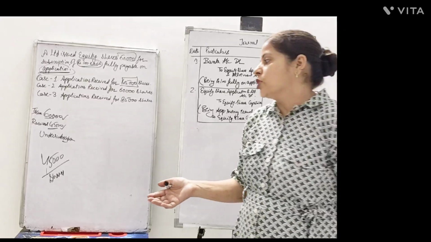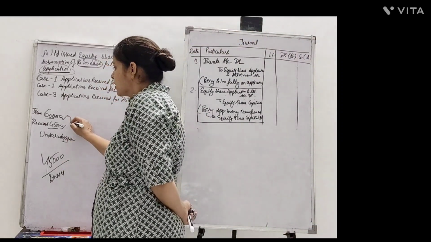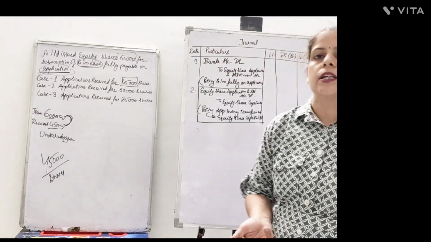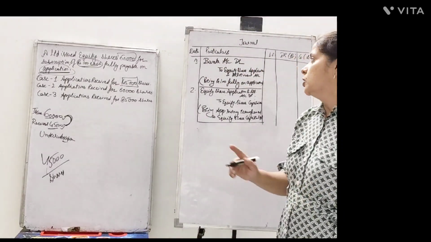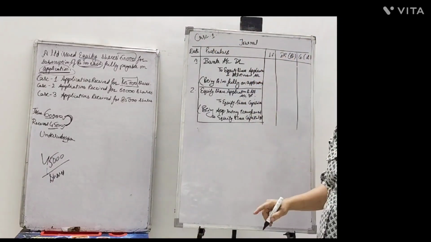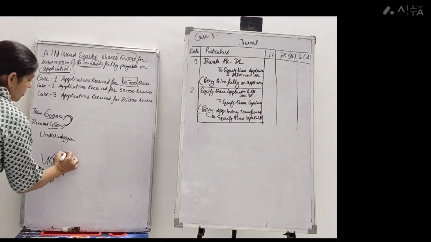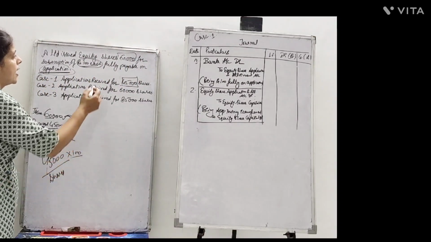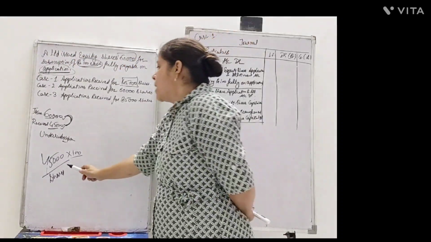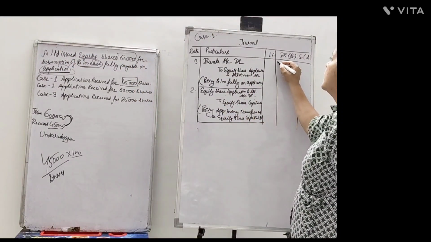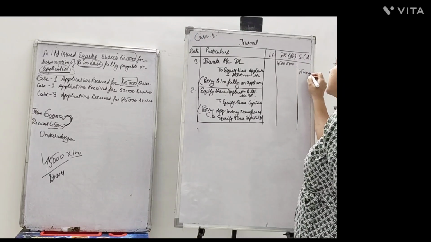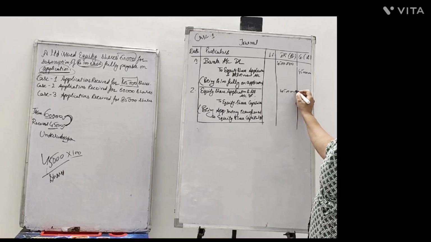For the difference of 15,000 shares, no application was received, so no application money was received. So for case 1, the amount is 45,000 into 100, because this 100 rupees was payable once in one go. The firm receives 45 lakh rupees, which is transferred to equity share capital.